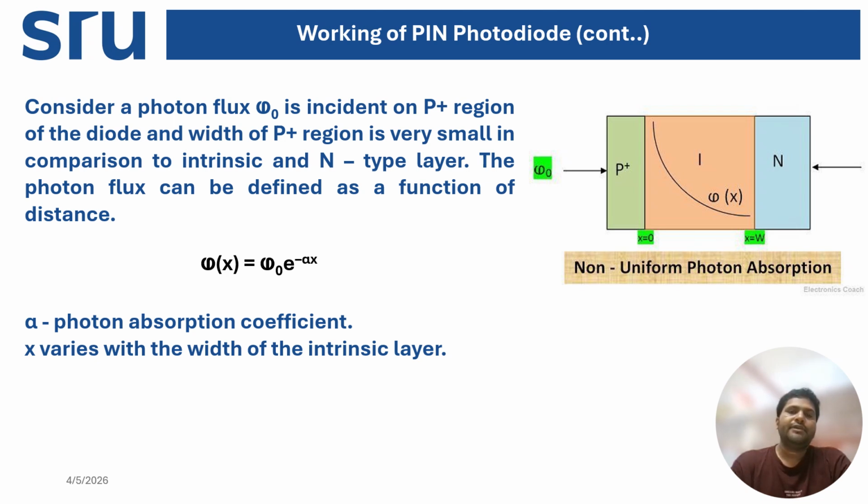Since the P plus layer is very thin compared to the intrinsic and N region, most of the light passes through it and enters the intrinsic region where actual absorption takes place.